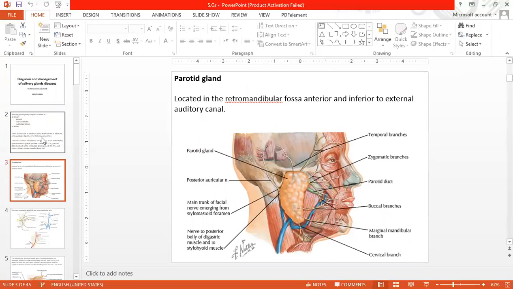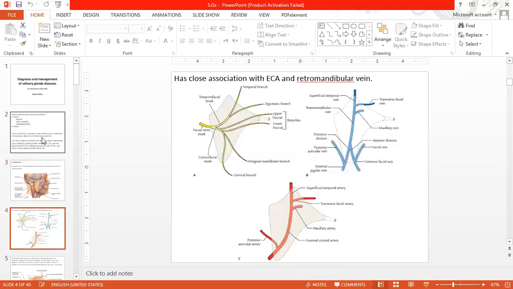Starting with the parotid gland, it is located in front of the external auditory meatus, overlying the ramus and the angle of the mandible, and in close relation with the facial nerve, part of the external carotid artery, and the retromandibular vein.